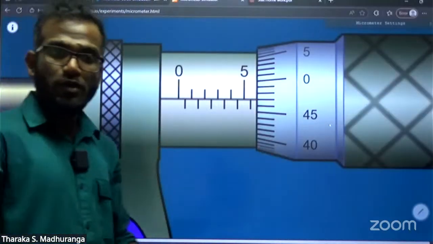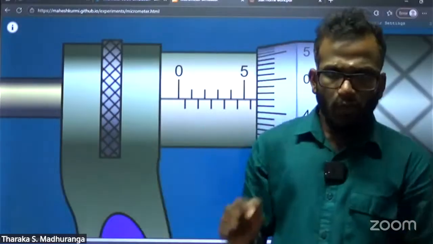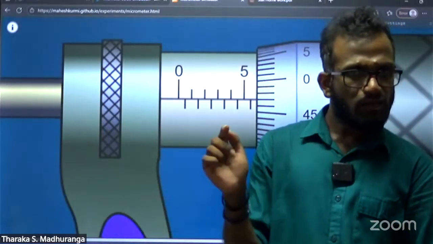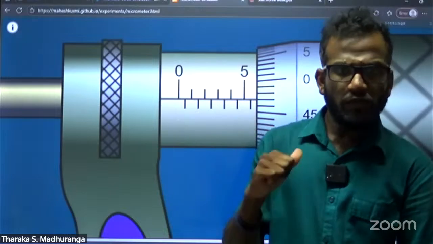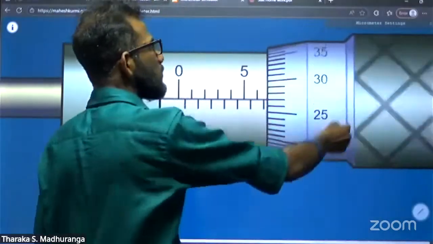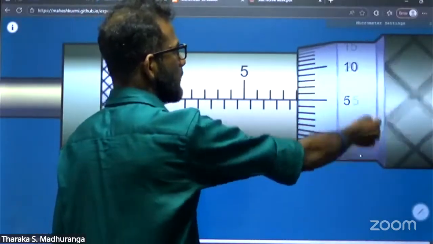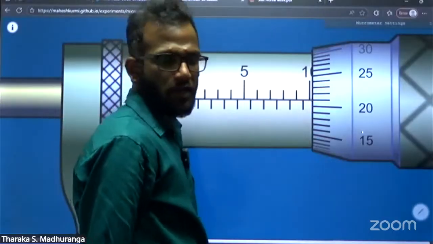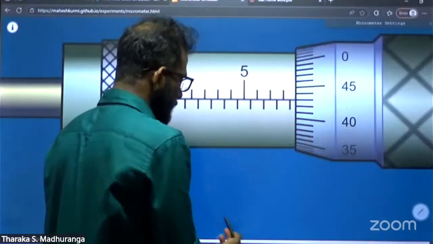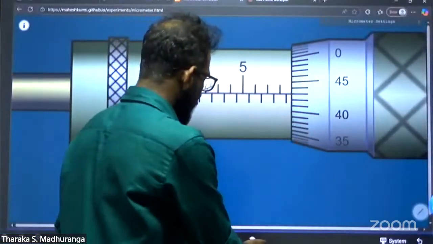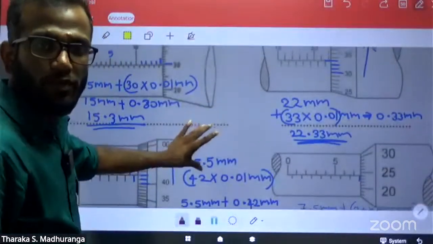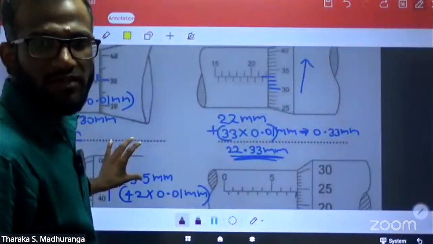Okay, if you want, you can get this simulation onto your laptop and practice more questions. If you want, I will give you this link. You can work with it like an actual instrument, change the settings and practice. Normally in the exam, this type of instrument is not given; the questions give this type of diagram. You should be ready for these diagrams, with the same principle.